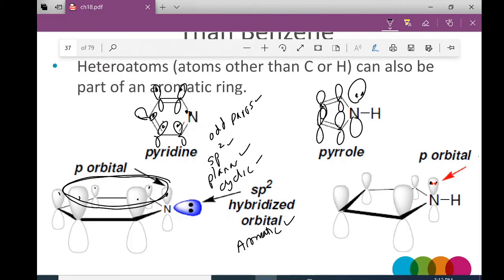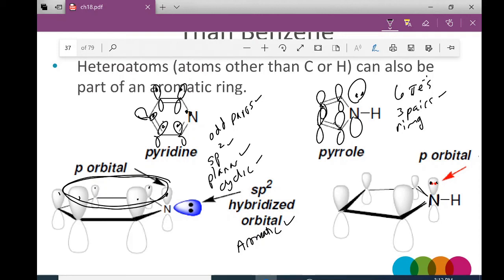Now we have 2, 4, 6 pi electrons. So that's 3 pairs, which is an odd number of pairs. It's in a ring. It's all sp2 hybridized essentially, because this nitrogen's lone pair is being forced into that ring system, making the bond angles for this conform to sp2 hybridization.